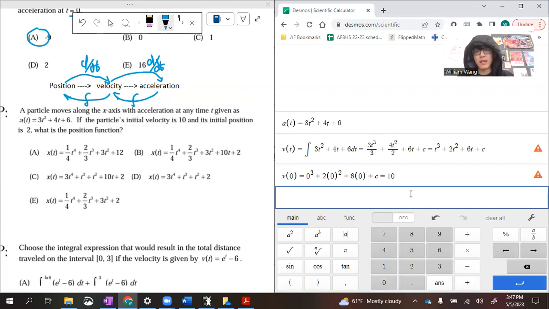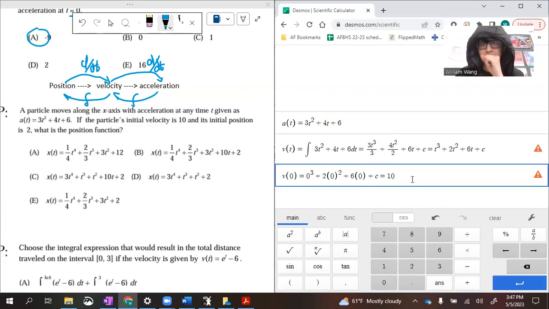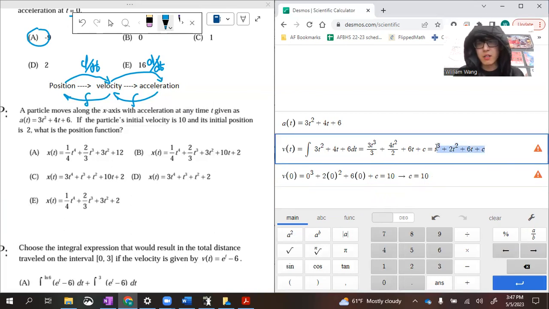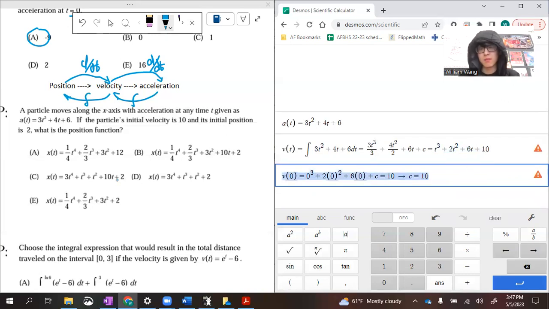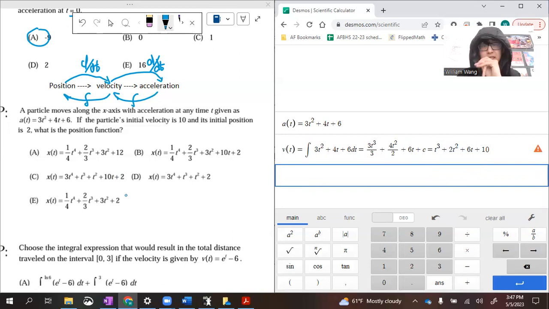Really, we actually jumped ahead here. We're doing the particular solutions, solving for plus c. That means c here is 10. So my velocity function is actually t cubed plus 2t squared plus 6t plus 10. All right, hopefully that makes sense.